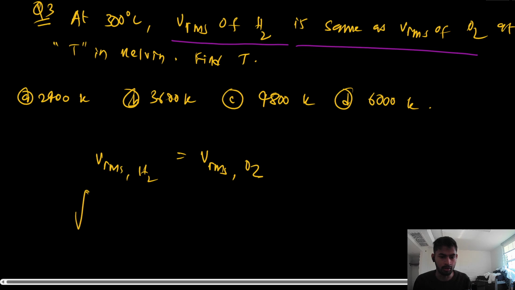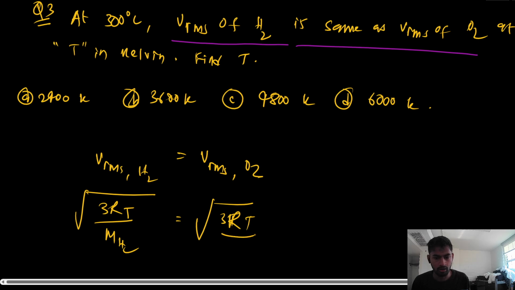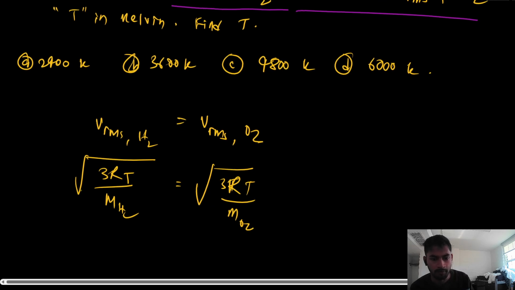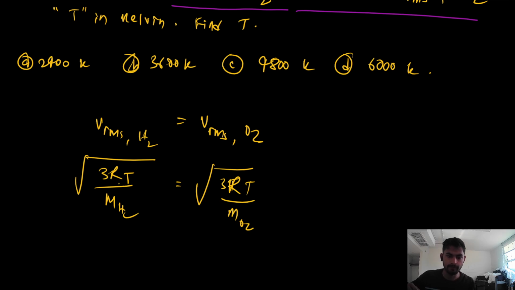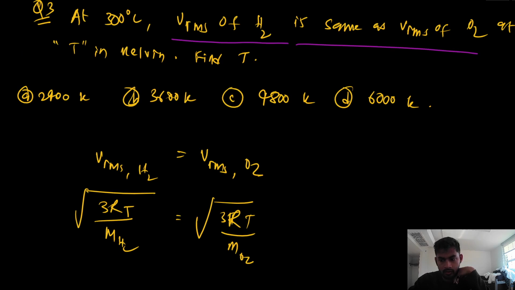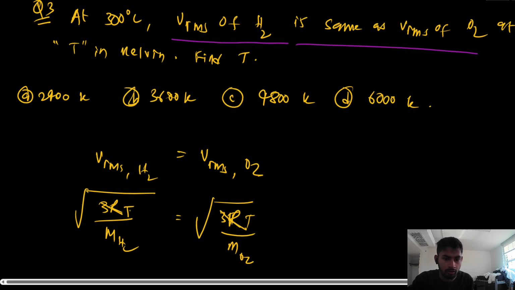And if we just solve this problem, the square root of 3RT over M for H2 equals the square root of 3RT over M for O2. Here 3R gets cancelled out, and T for hydrogen and T for oxygen is different.